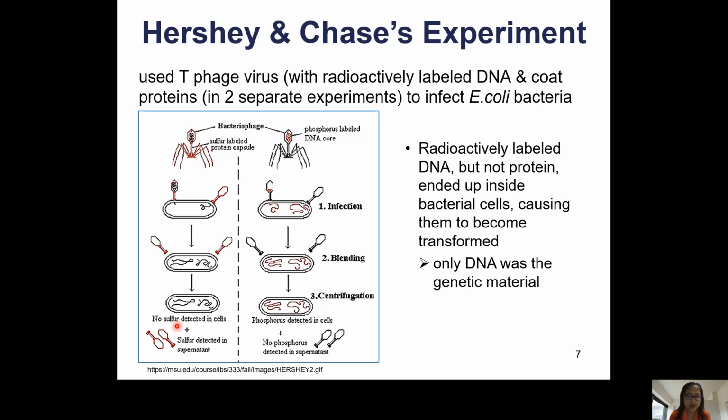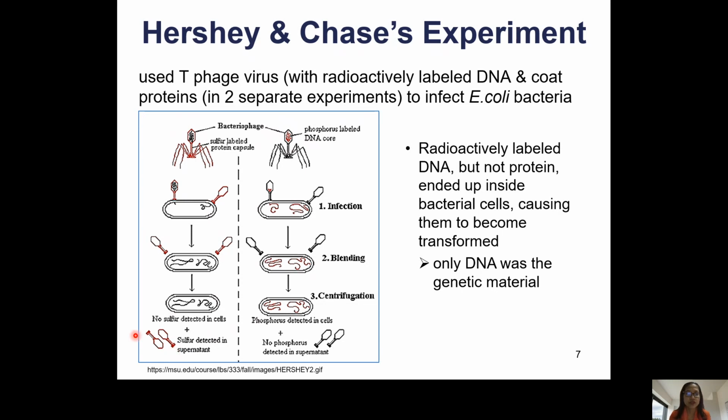On the first group, the sulfur was detected in the supernatant. Supernatant means that after you do the centrifugation, all the heavy solid materials will settle down as sediment, and above it there will be a liquid. That liquid is called supernatant.